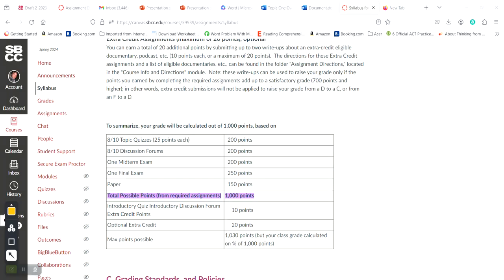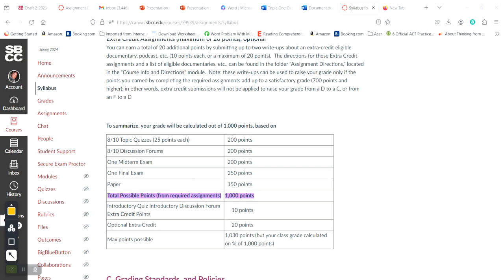And here's a quick screenshot of our assignment summary for the semester. You can see that there are going to be quizzes, discussion forums, a midterm exam, a final exam, and a paper, with the total points adding up to 1,000 total points.